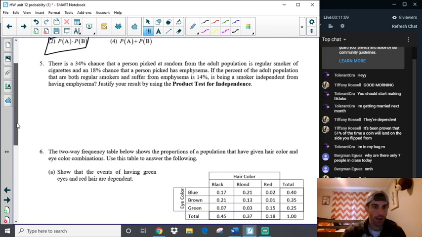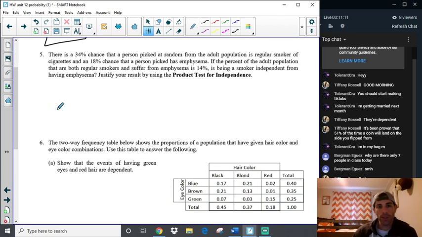Okay, going to 5. There's a 34% chance that a person picked at random from the adult population is a regular smoker of cigarettes, and an 18% chance that a person picked has emphysema. If the percentage of the adult population that are both regular smokers and suffer from emphysema is 14%, is being a smoker independent from having emphysema?